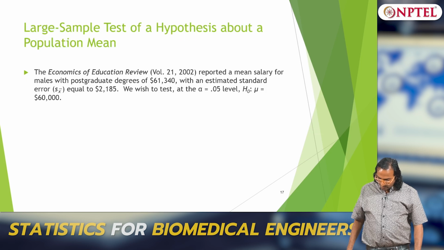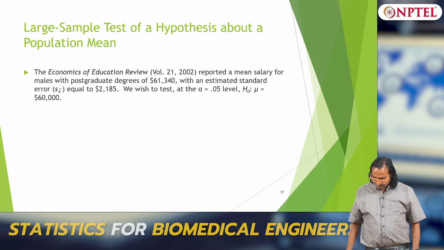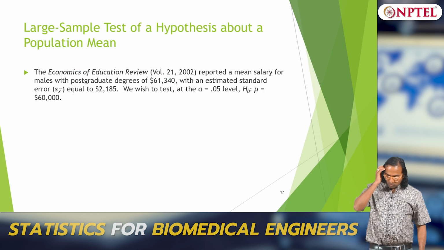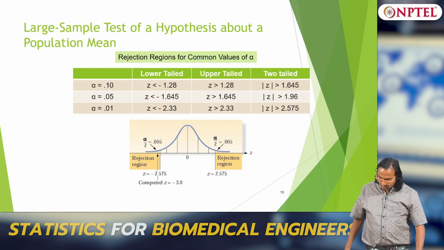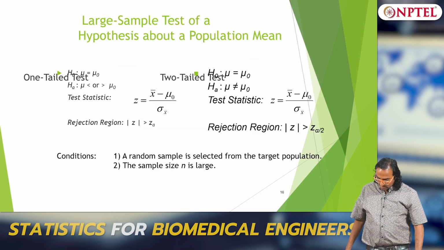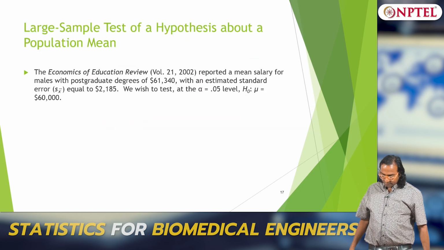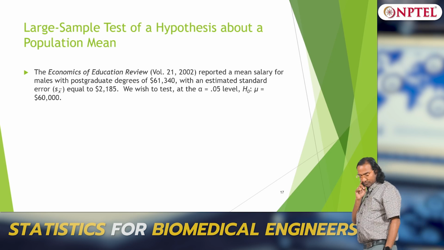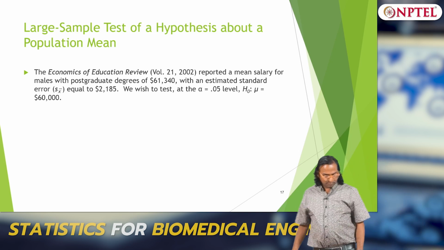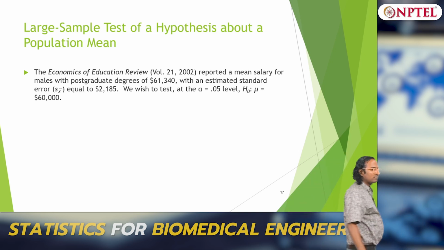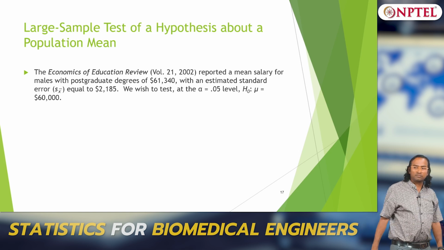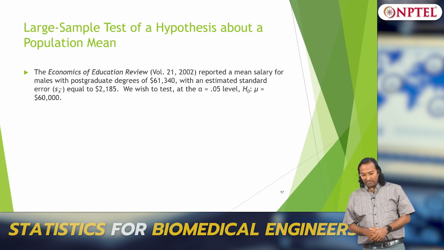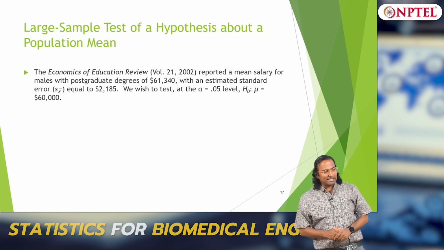So can we do another problem? I will at least do 2 problems, then you are at least clear about it. Can we solve this one? See, in this case I have given you an estimated standard error.